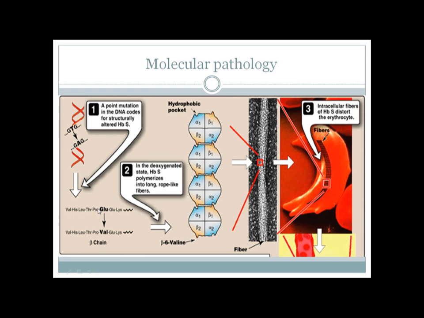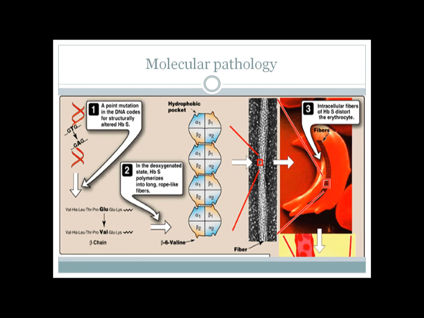The sixth position has a bold one. This is the glutamate, and in case of a beta chain of hemoglobin S, or sickle cell anemia, you have valine instead of glutamate. So the hemoglobin molecule has an abnormal beta chain which has a valine instead of glutamate in position number 6.